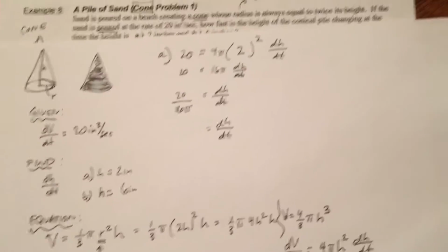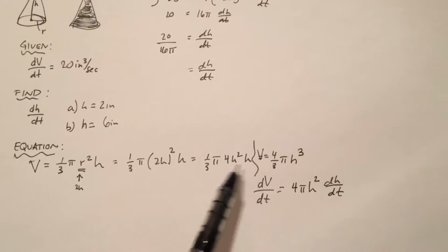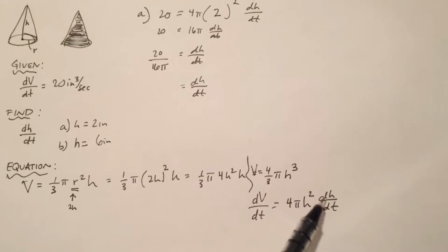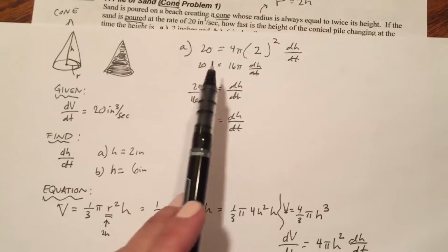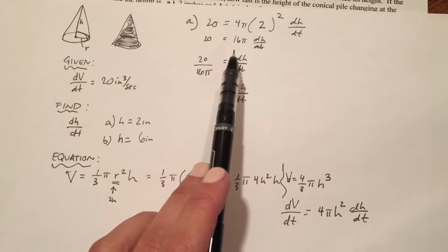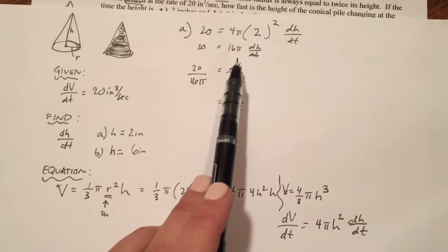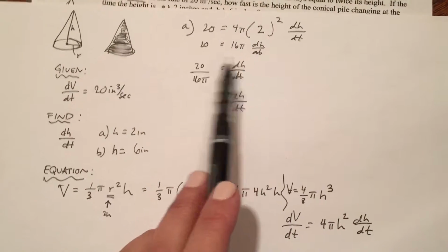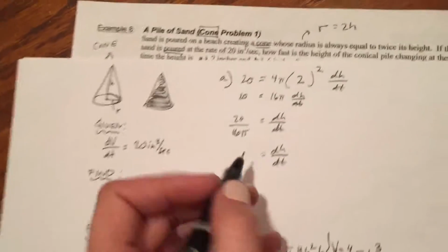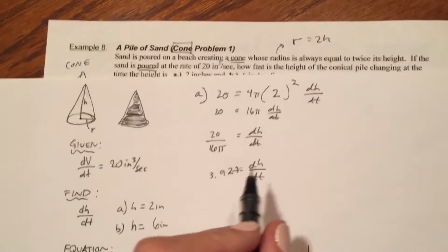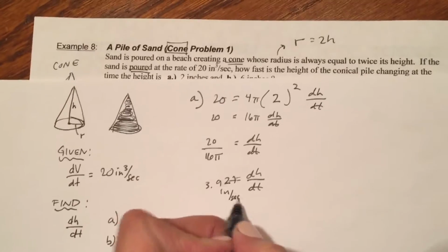I feel that I made a mistake. Those 3s cancel, I get 4 pi h squared dh/dt. So we know that this is 20, 2 times 2 is 4, 4 times 4 is 16, right? Okay, cool. So you get 3.927, and it's going to be in inches per second.